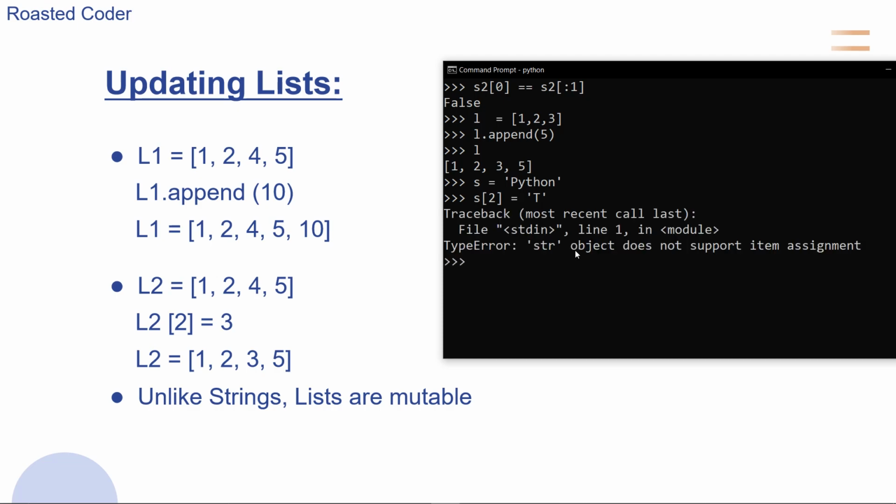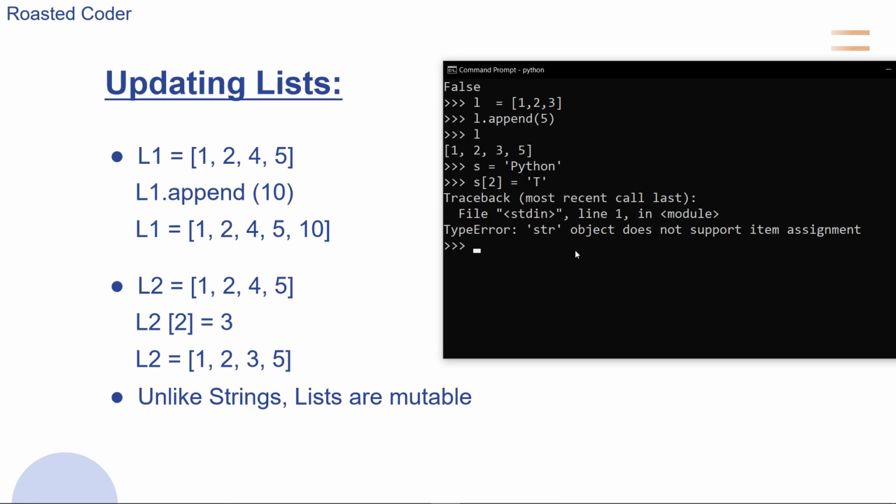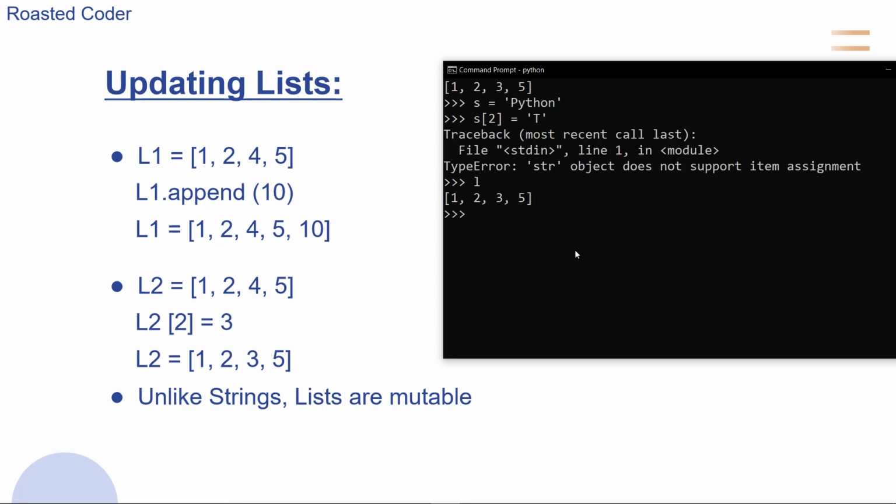You can see type error. But we can do this in a list. Like if we take L, the previous example, and we want to change 5 to 4, we just have to do L of 3 equals to 4, and it will change 5 to 4. You can see it's 1, 2, 3, 4 now.